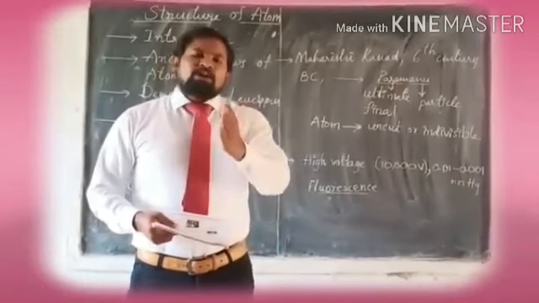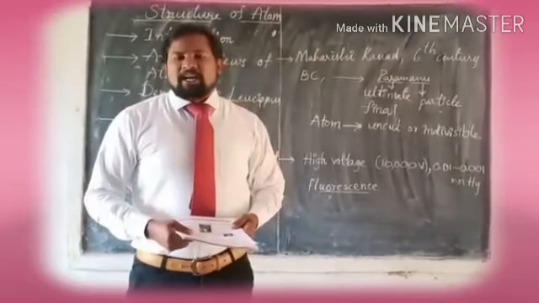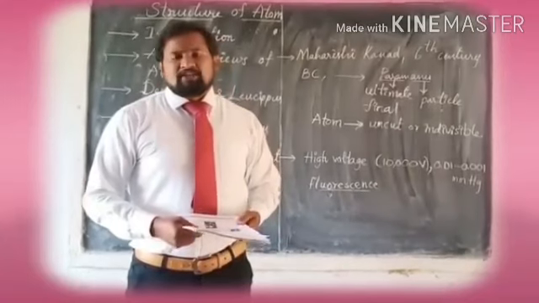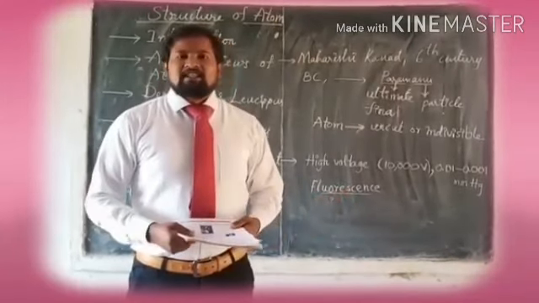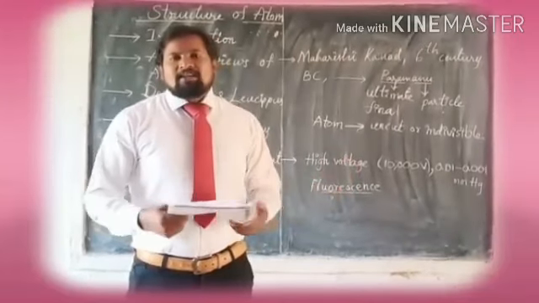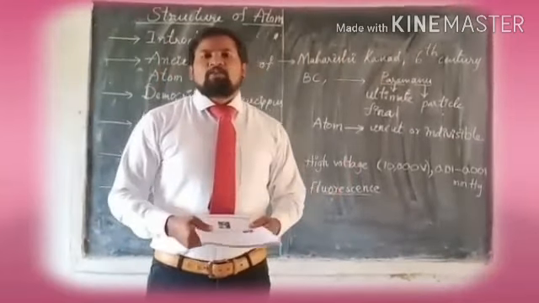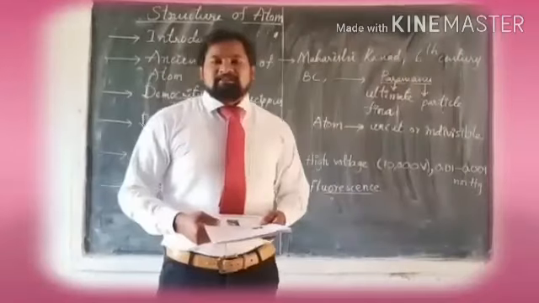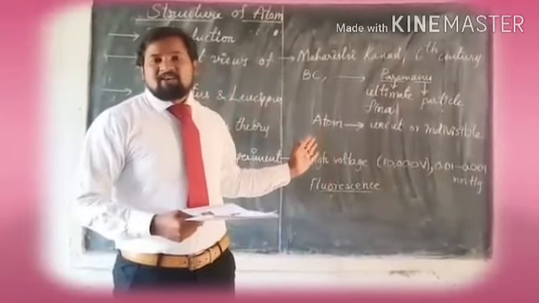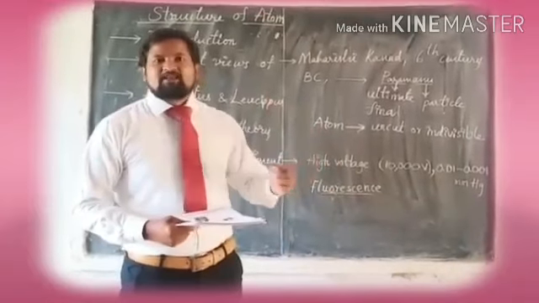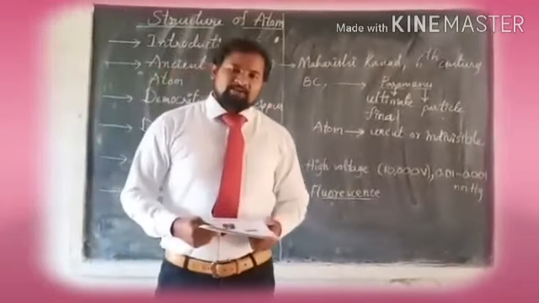This is the only aspect accepted by modern atomic theory. That is, scientists worked for the development of chemistry, and they accepted only one postulate from John Dalton's atomic theory, that the atom takes part in a chemical reaction.